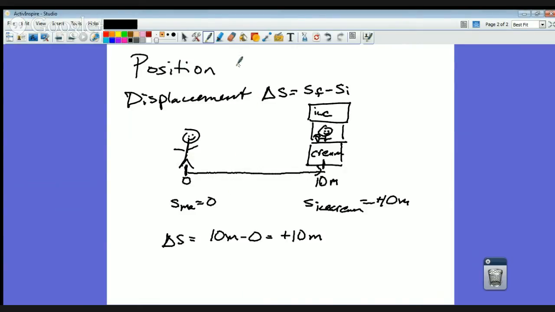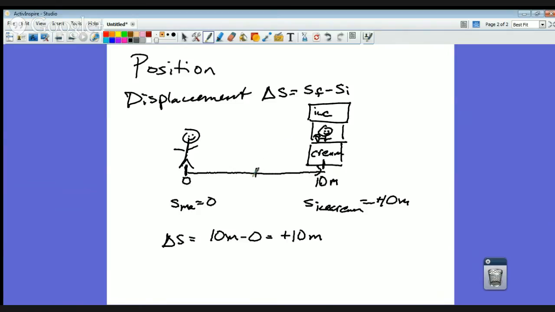You need a magnitude, that's the number part, the 10 meters, and you need a direction, which is to the right. So the ice cream stand's position is 10 meters to the right, or 10 meters in the positive direction, from the origin 0. And my displacement is a change from 0 to 10.